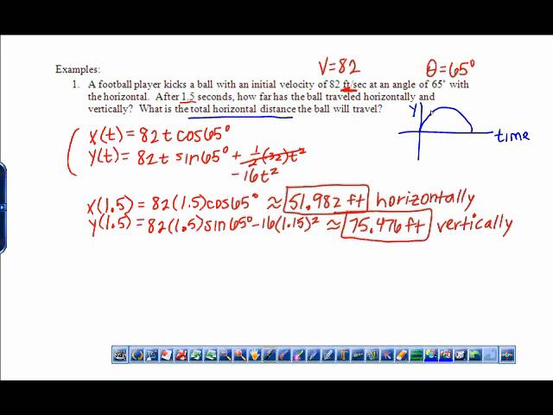I already told you there's parametric mode on your calculator, but we're not actually going to use that. That's overcomplicating things, and it's going to cause a lot of problems. When we're thinking about total horizontal distance, let's first figure out how long the ball was in the air.